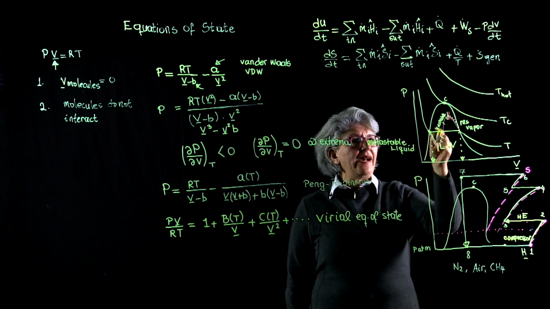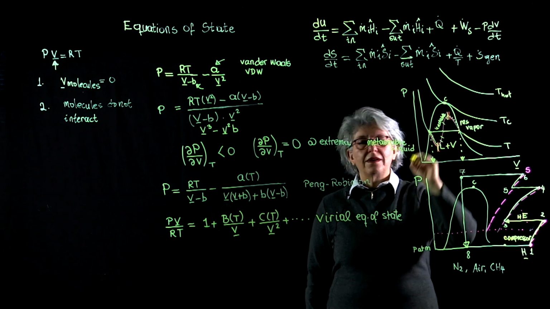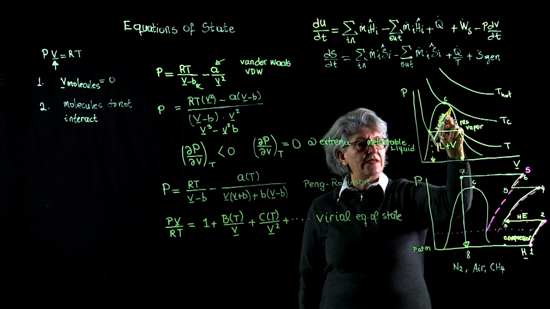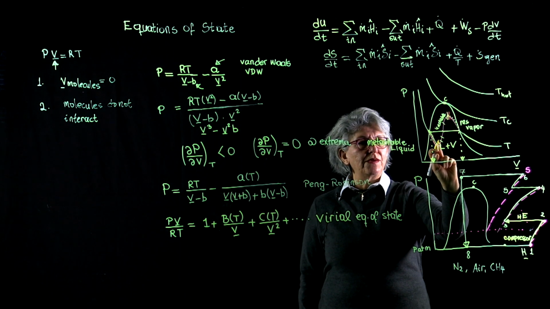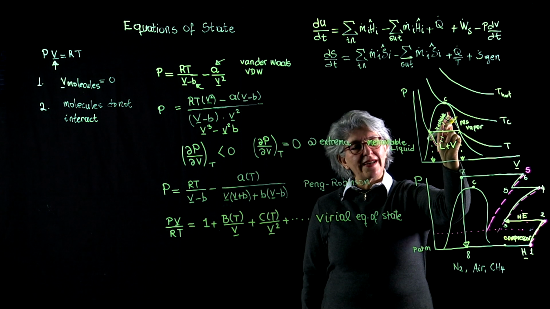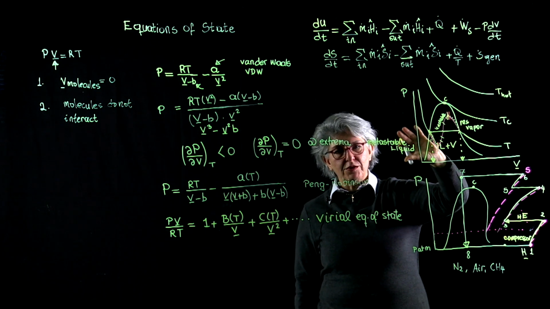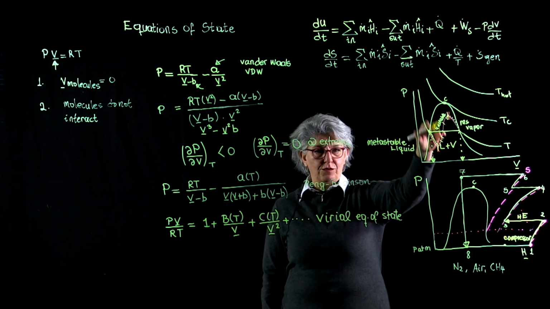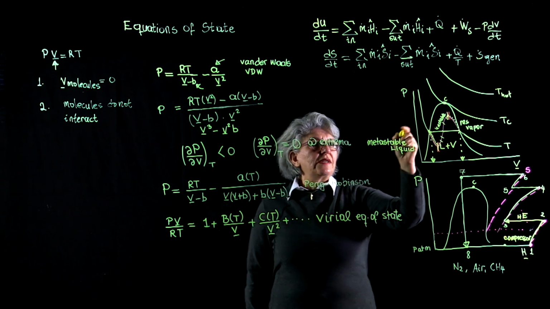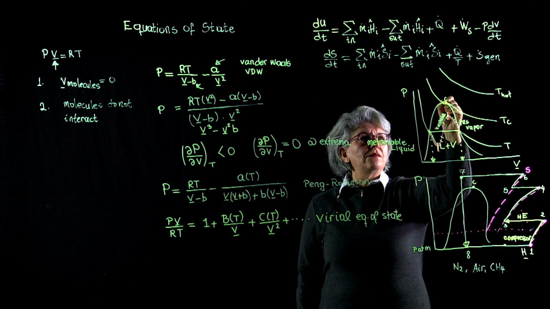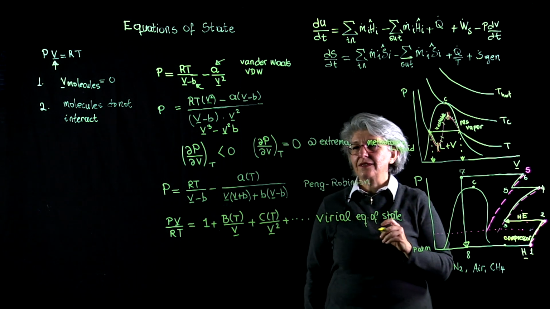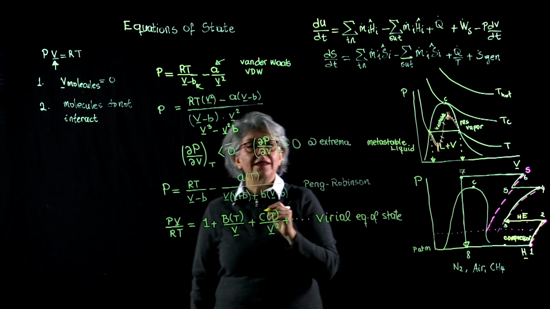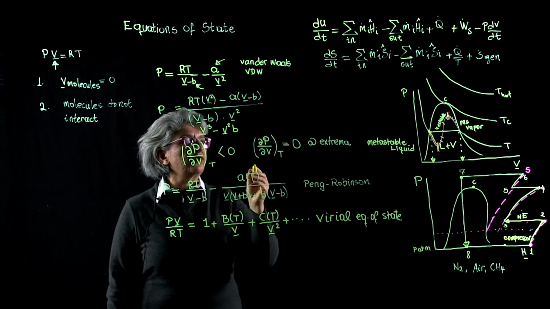Now, the maximum point of this curve is here. The minimum point is here. And we also have a saddle point, switching from concave to convex behavior in the continuous curve. At the saddle point, the second derivative is also required to be equal to 0.